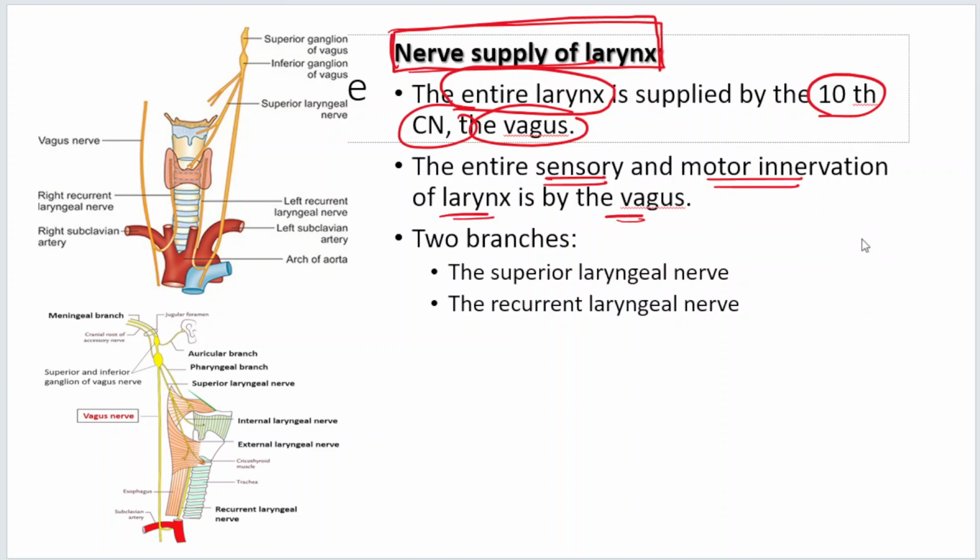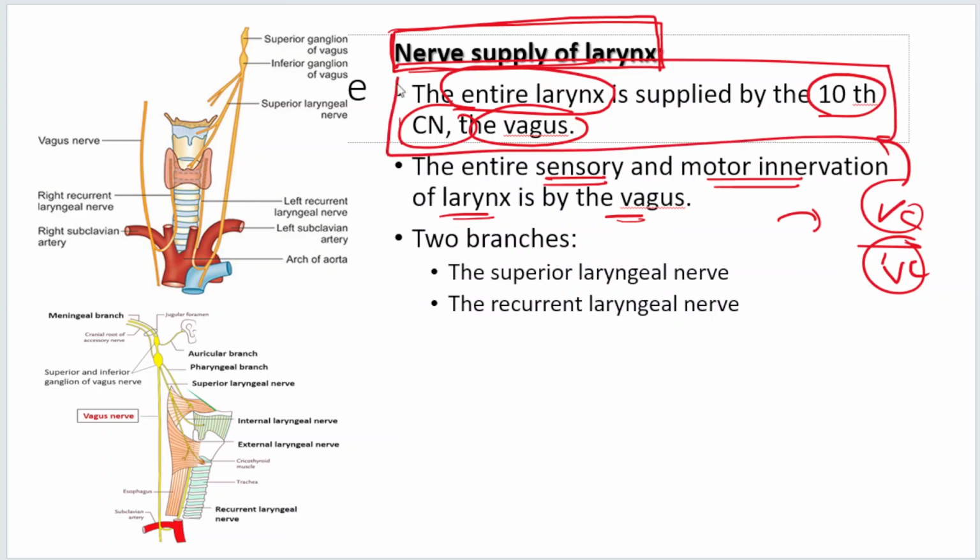The sensory supply above the level of the vocal cord and below the level of the vocal cords is all supplied by the vagus. And also the motor supply: all the intrinsic muscles of the larynx are supplied by the vagus nerve. That's what I mean when I say the entire larynx is supplied by the 10th cranial nerve.